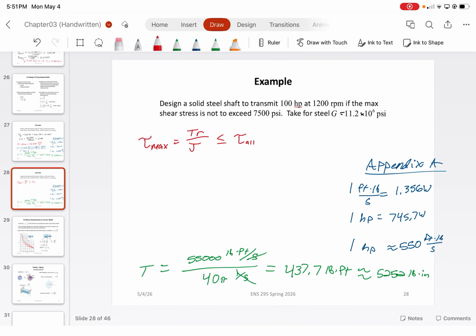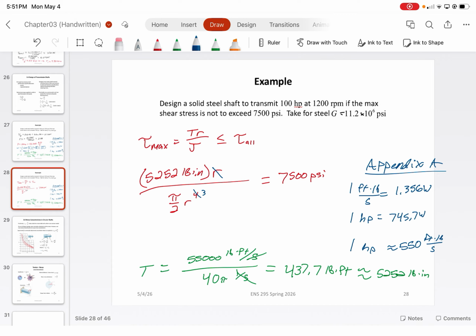So the torque of 5,252 pound inches multiplied by a radius r, the outside maximum radius, which we don't know, divided by the polar moment of inertia, which is pi over 2 r to the fourth. Again, we don't know the radius. And that is going to be equal to 7,500 psi.